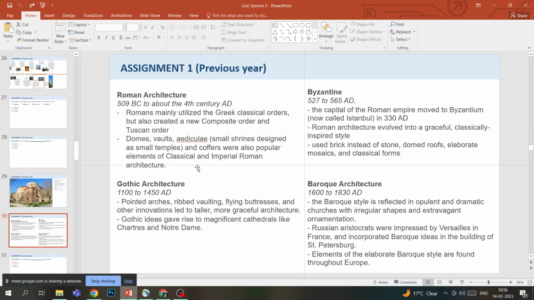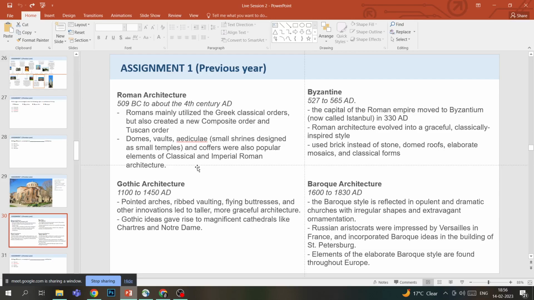Gothic architecture was known for pointed arches, ribbed vaulting, flying buttresses, taller architectures. Then Byzantine was characterized by use of a graceful, classically inspired style. They used brick instead of stone. Before that, stone was being used in most places, but they used brick instead of stone.